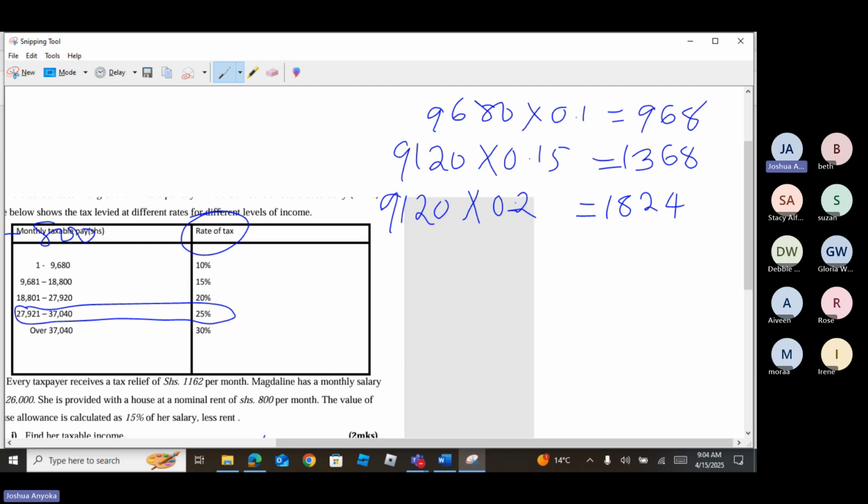Then we go now to the remaining. The remaining is 29,100 minus 27,920. Then this one times 0.25. What do you get? 295.